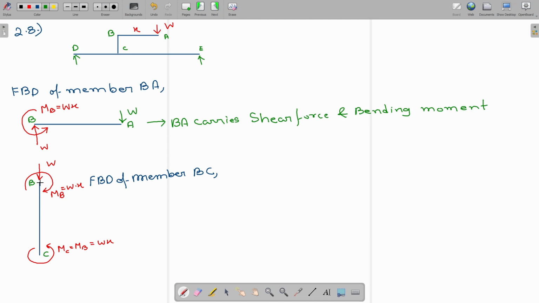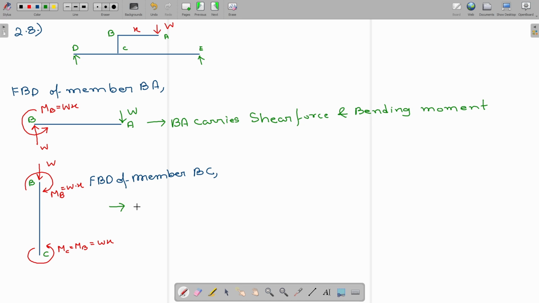Now, first of all, the load W is passing through the longitudinal axis of the column, part BC. Therefore, only axial load is acting here.